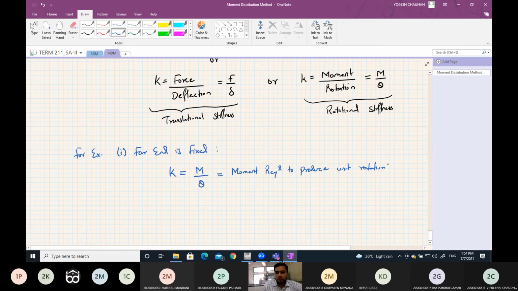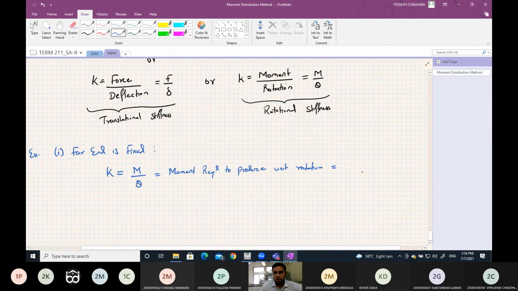So here in this case, the applied moment in terms of rotation will be 4 EI theta by L whole divided by theta, so that will be 4 EI by L.